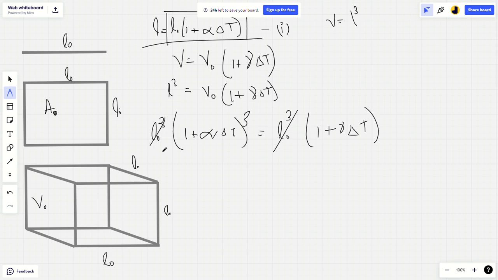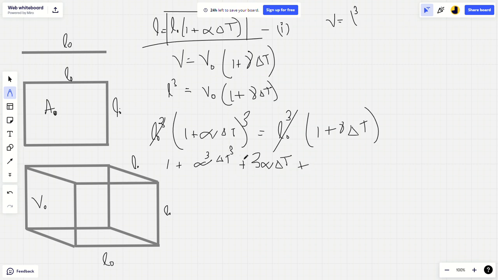This will get cancelled, and we are left with 1 plus alpha delta T whole cube equals 1 plus gamma delta T. Now of course we are going to put the a plus b whole cube formula here, which is going to be a cube plus b cube plus 3a square b plus 3ab square.